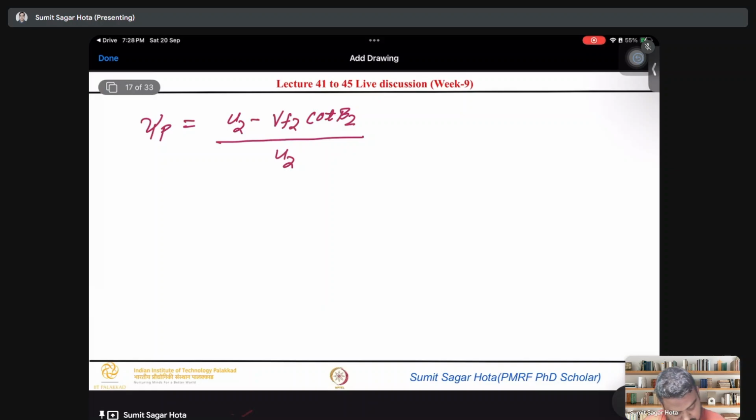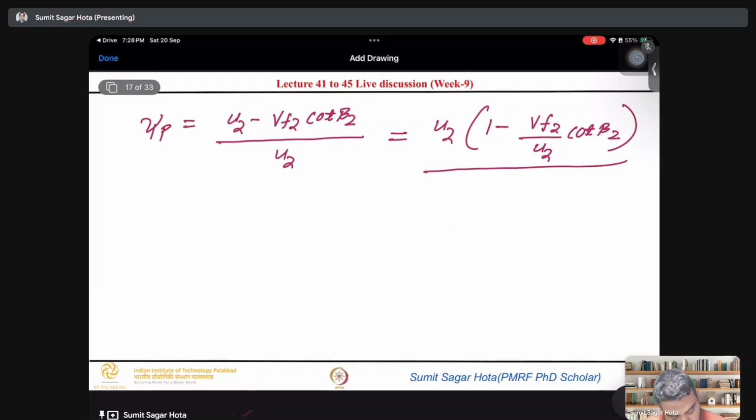So it is equal to U2 (1 minus Vf2 by U2 cot beta 2) by U2. So U2 gets cancelled. Okay. So psi p is equal to 1 minus Vf2 by U2 cot beta 2.